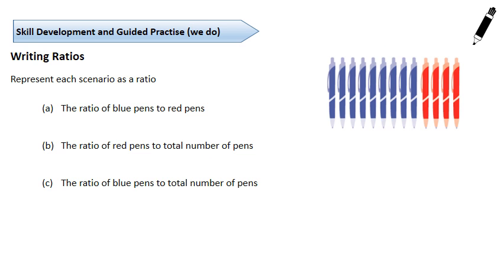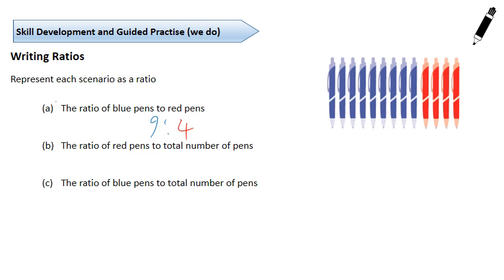Okay, let's have a look at the next one. We've got red and blue pens here. So the ratio of blue pens to red pens, let's count them. 1, 2, 3, 4, 5, 6, 7, 8, 9 blue pens is to 4 red pens.